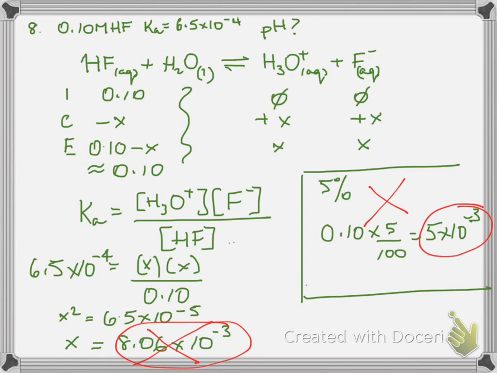So what do we do? We have to go back to where we made the approximation and put x back in and use the quadratic equation.